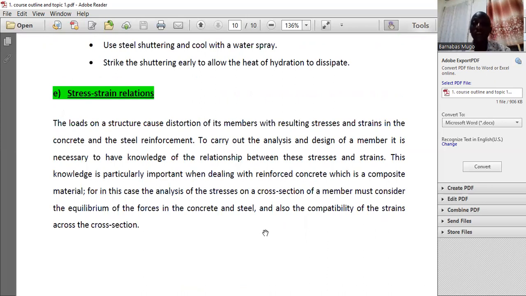Then we are going to look at the stress-strain relationship. You know that the stress is the force over a cross-sectional area. The strain is the percentage of elongation of any material, and this one is the one that determines something that is called the loading.